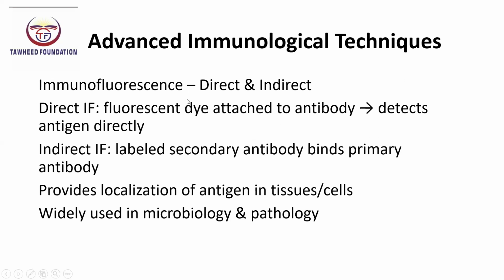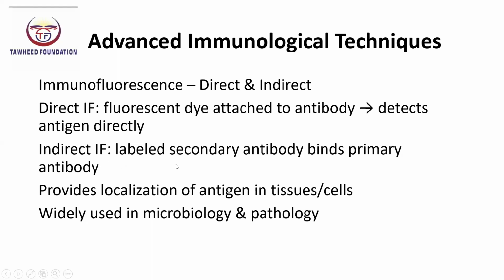So, immunofluorescence is a technique where antibodies are labeled with fluorescent dyes to detect the presence of antigens in tissue or cells under a fluorescent microscope. In the direct method, the fluorescent dye is attached directly to the primary antibody, which binds specifically to the antigen, allowing immediate visualization of the antigen's location.